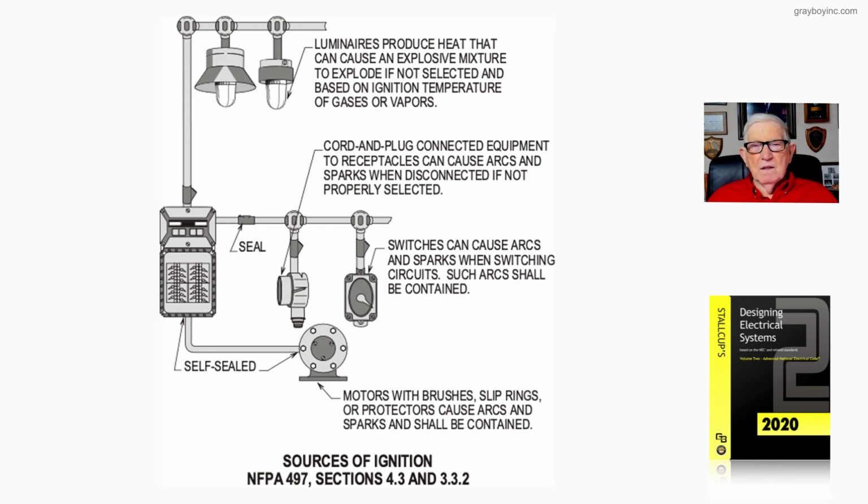But again, cord and plug connected and receptacle should be reviewed in 501.140 and 501.145. Then you have the switches, and any type of switch. We know we find that in 501.115, and it lists those types of devices and switches that can create an arc when they're switched. Arcing or sparking in any way have to be contained within an explosion-proof enclosure.